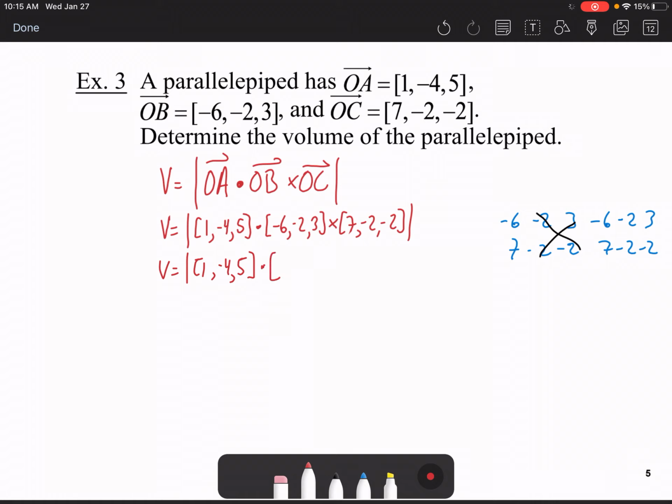So my first one is the value of 4 minus -6. Next one is 21 minus 12. Next value is 12 minus -14.